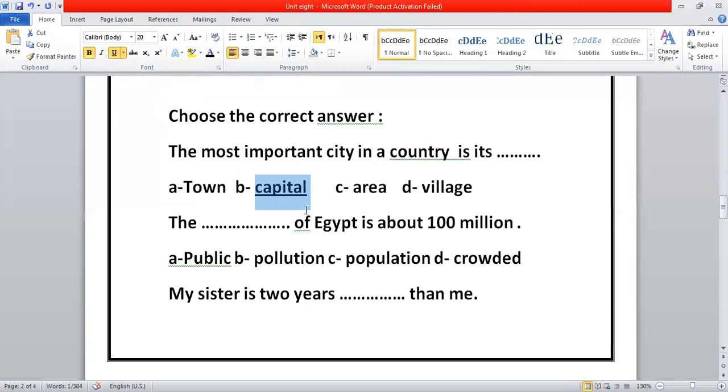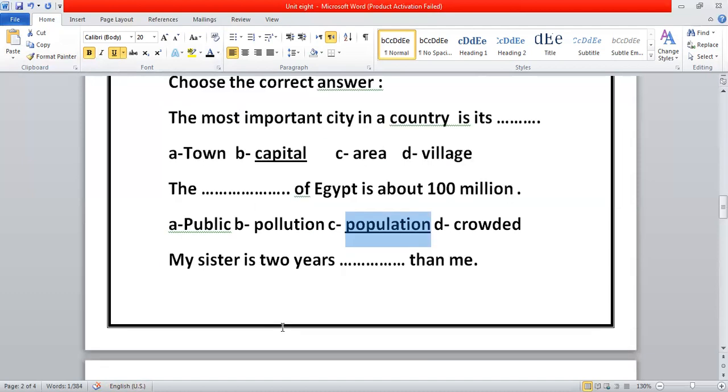What is the answer? I'll give you 1 minute to try to answer. You have the choices here: public, pollution, population, crowded. I talk about population, the right answer. So population is the right answer.